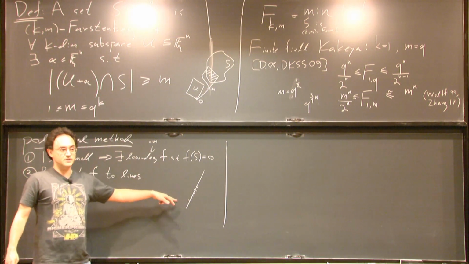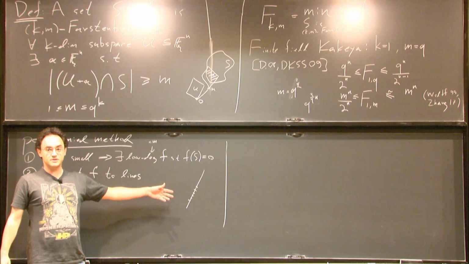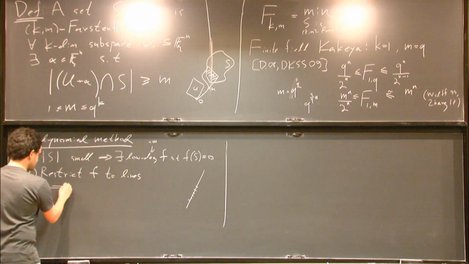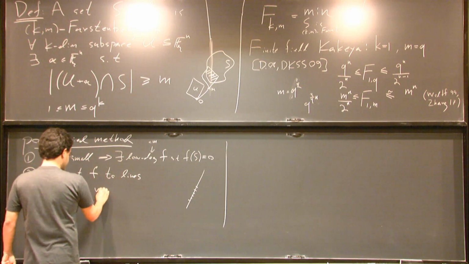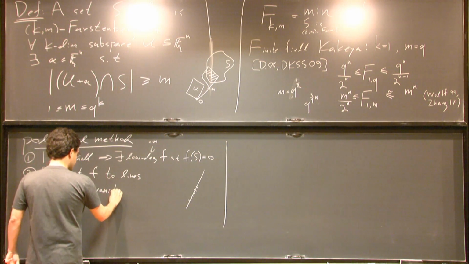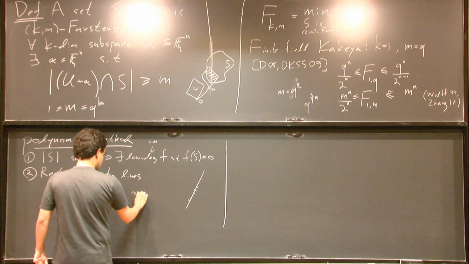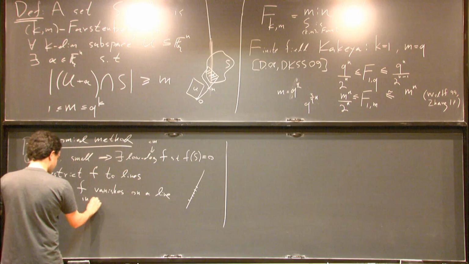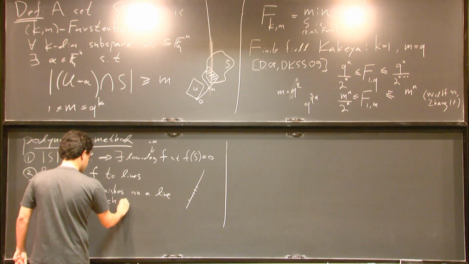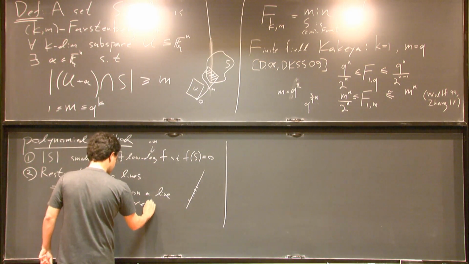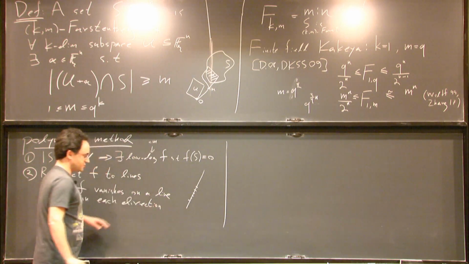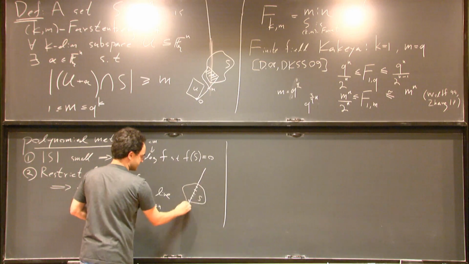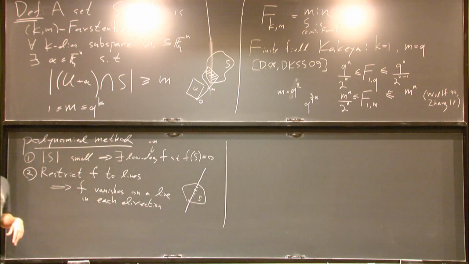A polynomial of degree less than m cannot have m zeros unless it's identically 0. So you get that f vanishes identically on a line in each direction. So from having m zeros on S, you get that all the other points must be 0.